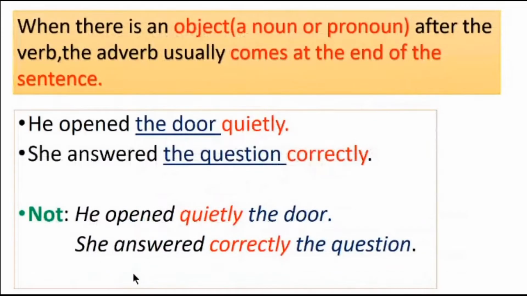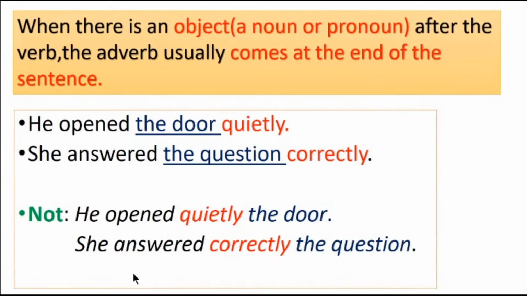Pay attention here. When there is an object, a noun or a pronoun after the verb, the adverb usually comes at the end of the sentence. For example, he opened the door quietly. She answered the question correctly.